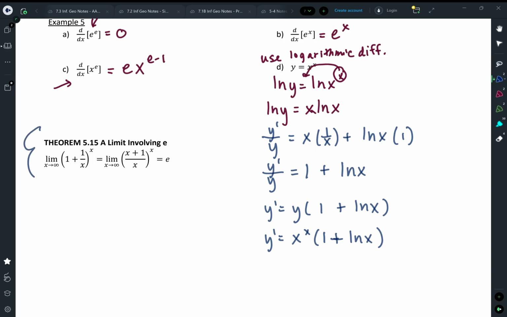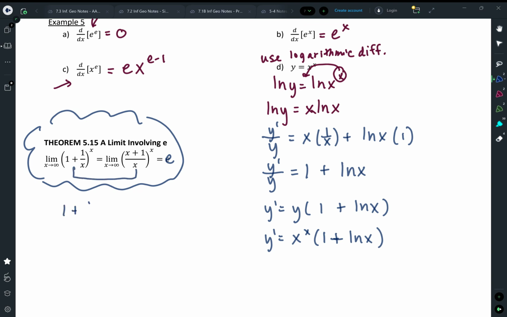So a couple of new limit theorems that are kind of interesting. Think about this. I take 1 and I add 1 over x, and I do this a bunch of times, as x approaches infinity. As I do that close to 1,000 times, I end up with e. And I think that's just really cool. And the reason that these are equivalent is because those fractions are equivalent.